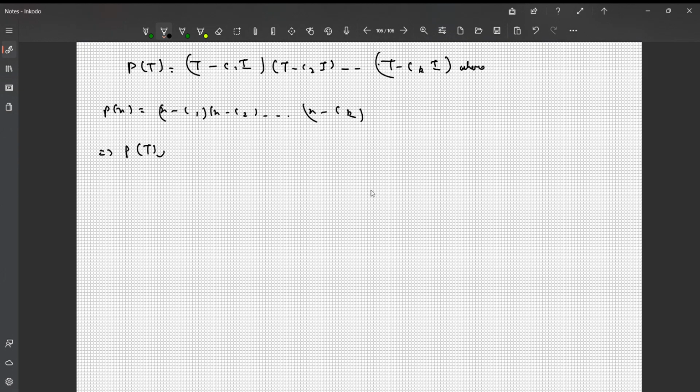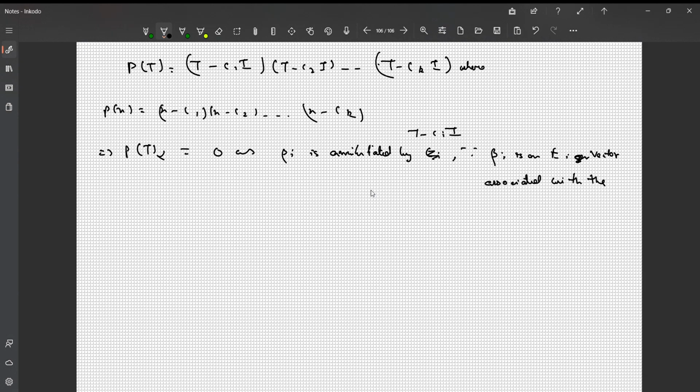But that means P(T) of alpha must be equal to 0, as each beta i is annihilated by the operator T minus ci I, since beta i is an eigenvector associated with the eigenvalue ci.